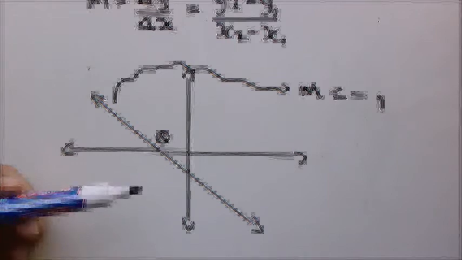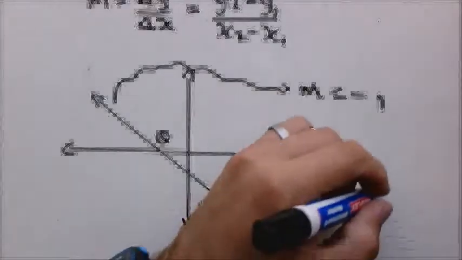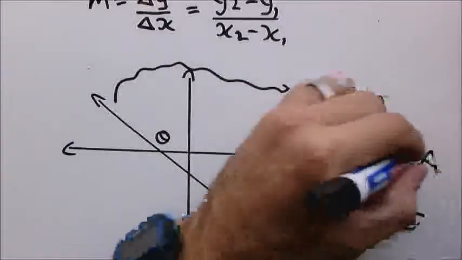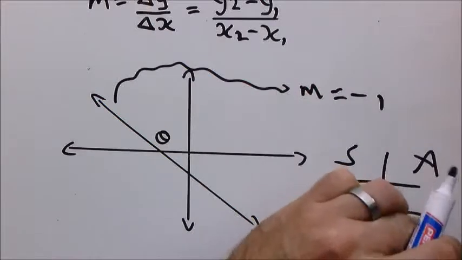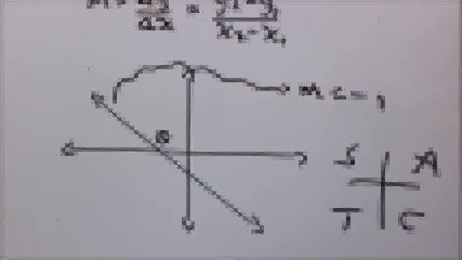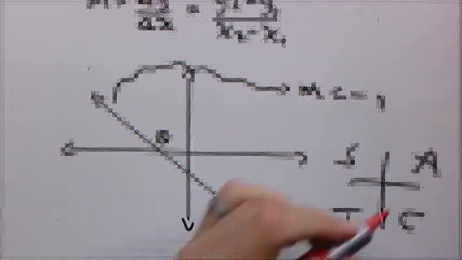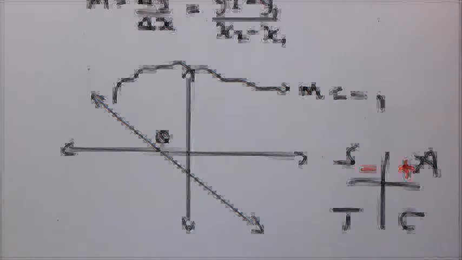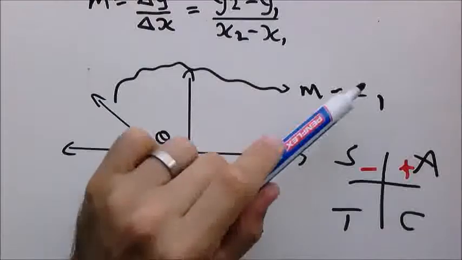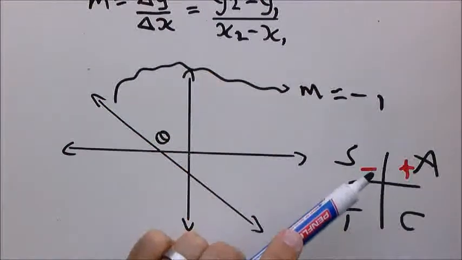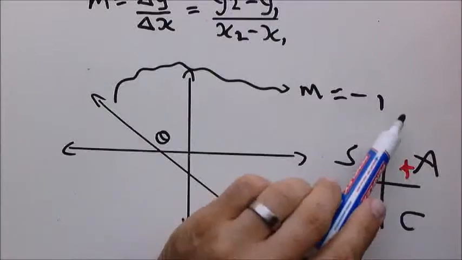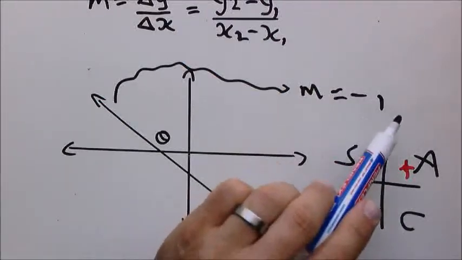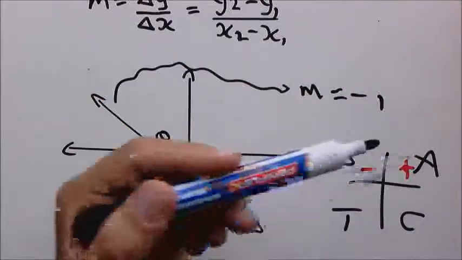Okay. But if you remember your CAST diagram, you will remember that tan is positive in the first quadrant, but negative in the second quadrant. And if you use the knowledge that you've gained in that chapter and say, okay, I know it's negative, therefore it's in the second quadrant, and I'm going to use my reference value of 1, you will get 45.